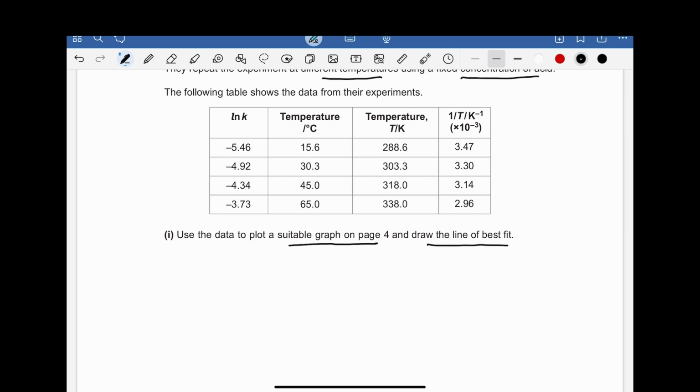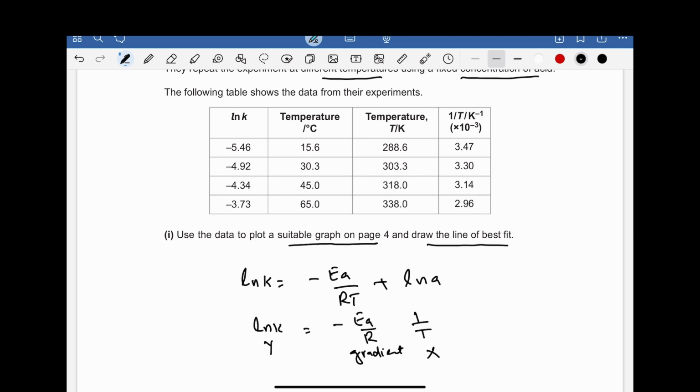This is the equation of a straight line: ln k is equal to minus Ea over RT plus ln A. So ln k is equal to y, minus Ea over R is the gradient, 1 over T will be equal to x, and plus ln A is equal to c.